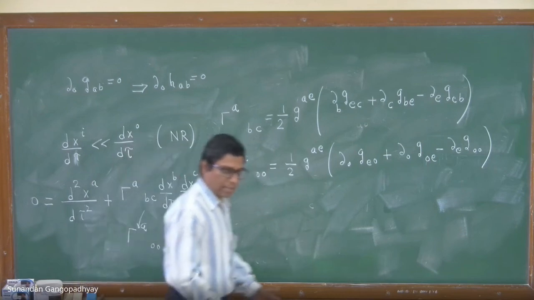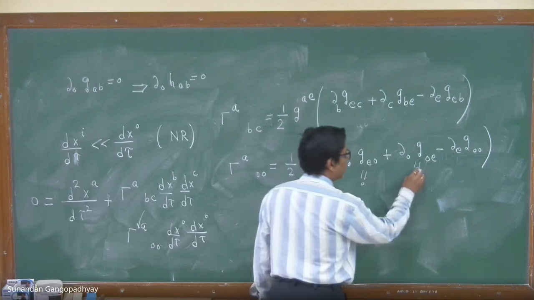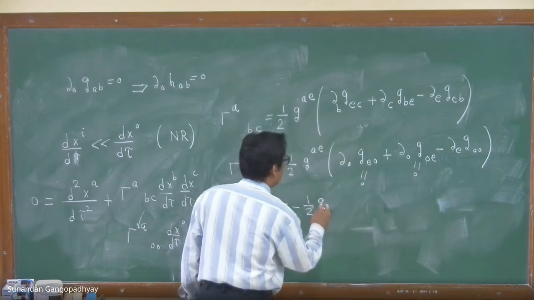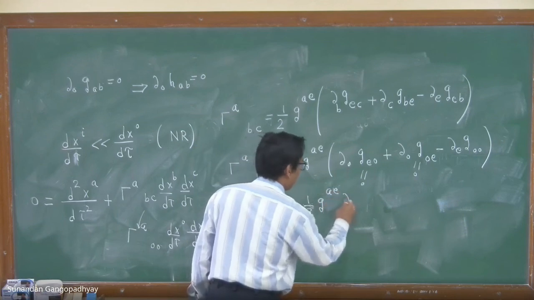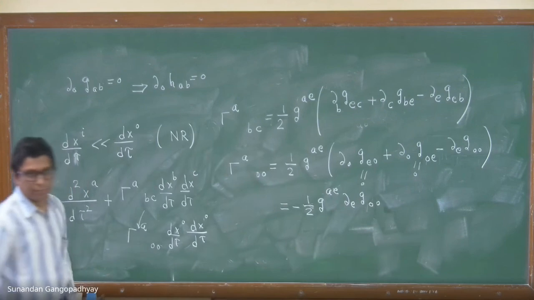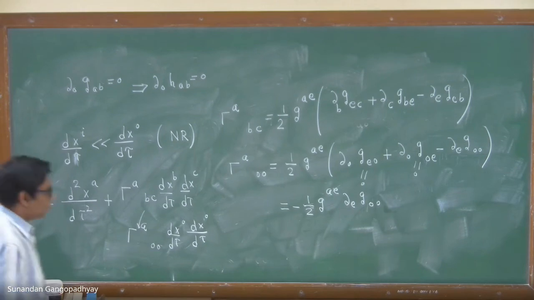Time stationary means time independent. So this is 0, this is 0. Therefore, this is minus half G^AE del_E G_00. This is G_00, right? Okay.